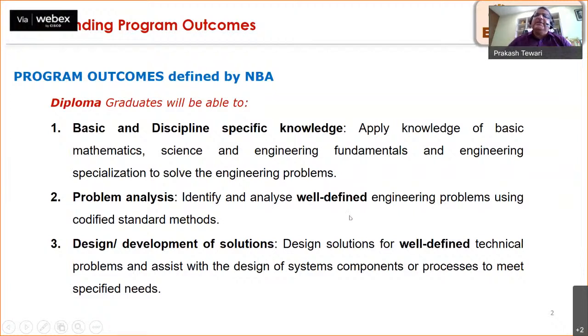That means everything is given to them. They have to identify the appropriate equation, substitute and solve. So they are not allowed to make any choices, or the complexity level is not high. So the first three look almost similar except for the scope of the problem, where it is a well-defined problem instead of a complex engineering problem.